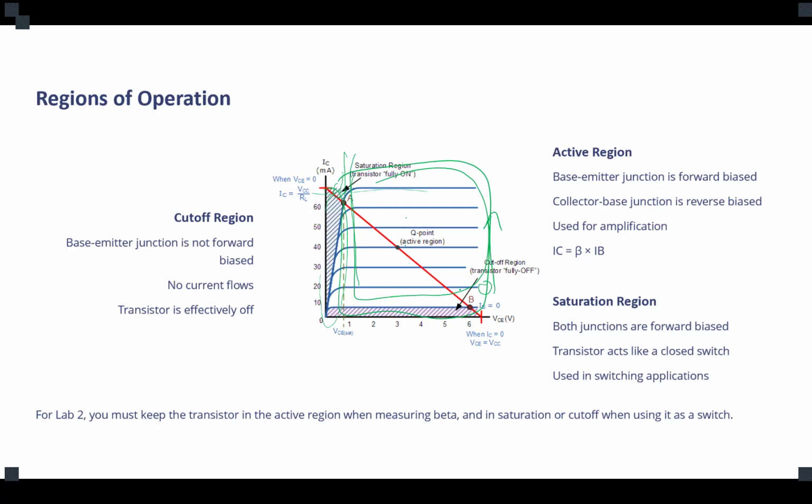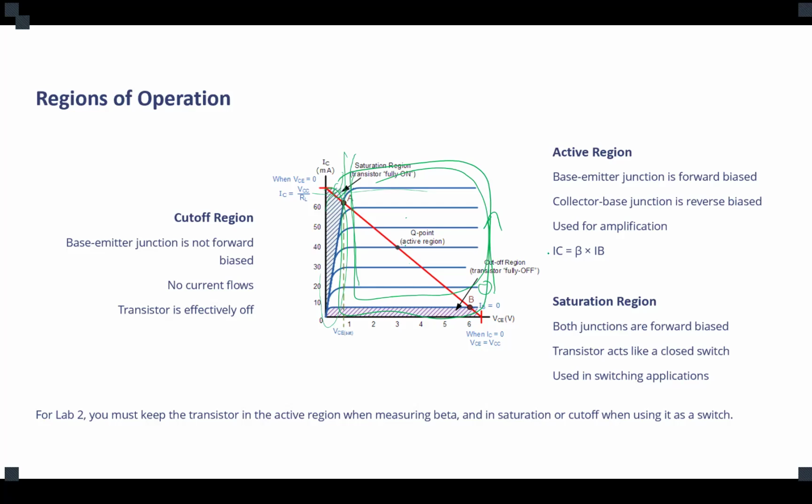But if you are in saturation mode, your gain is not just a function of IB and IC, it also varies based on the voltage across collector and emitter. So when that voltage varies, your gain changes. Is that clear? So you don't have proper control over your gain in saturation mode.